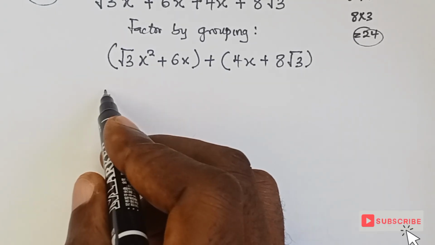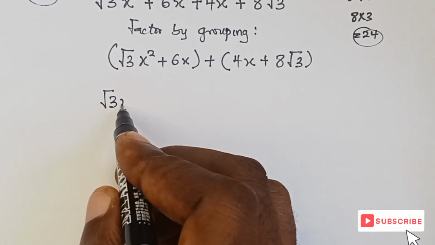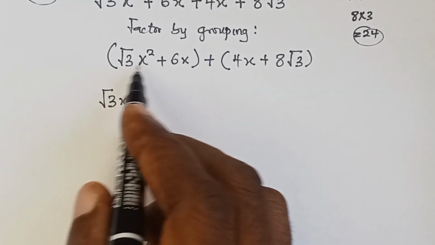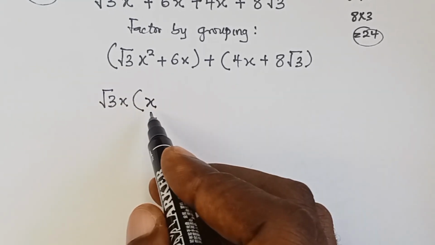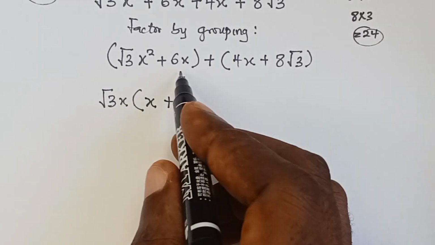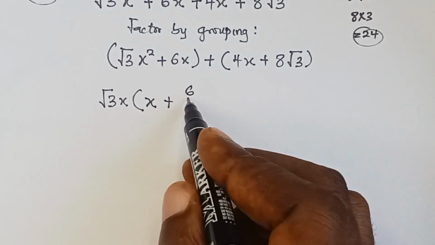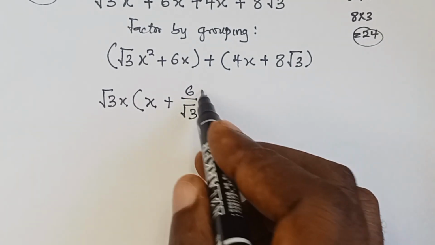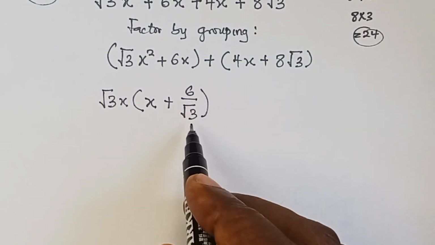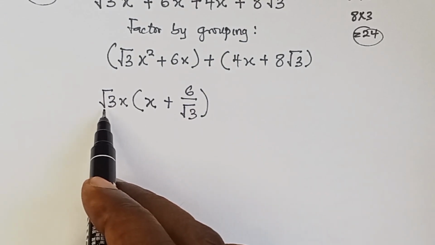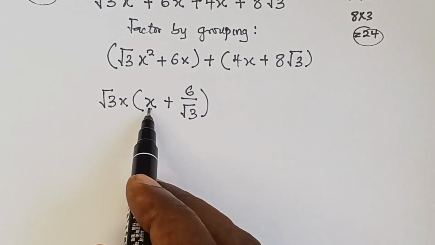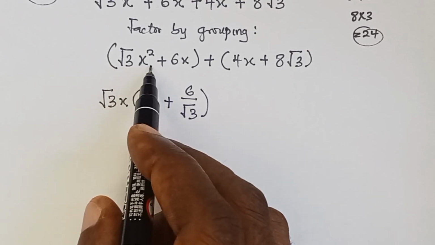Okay, here, I would say root 3x is common. So what do I have in this place? I have x left. And in this place, what do I have? I have 6 over root 3. So how do I get 6 over root 3? By the time you multiply root 3x times x, you have root 3 x squared.